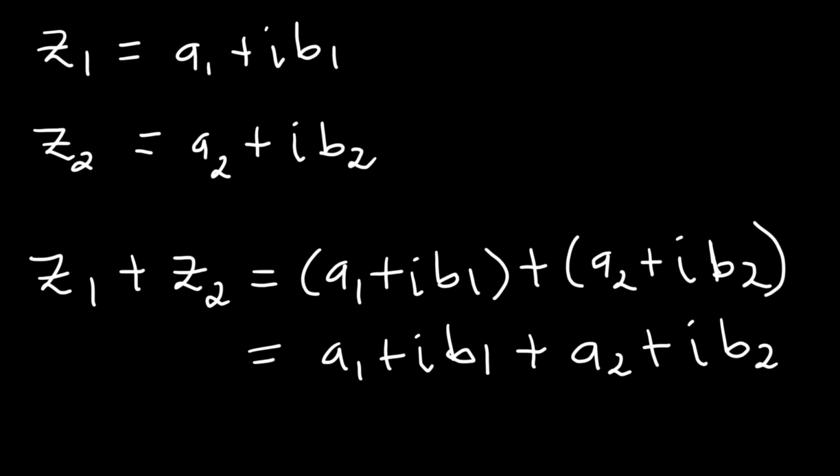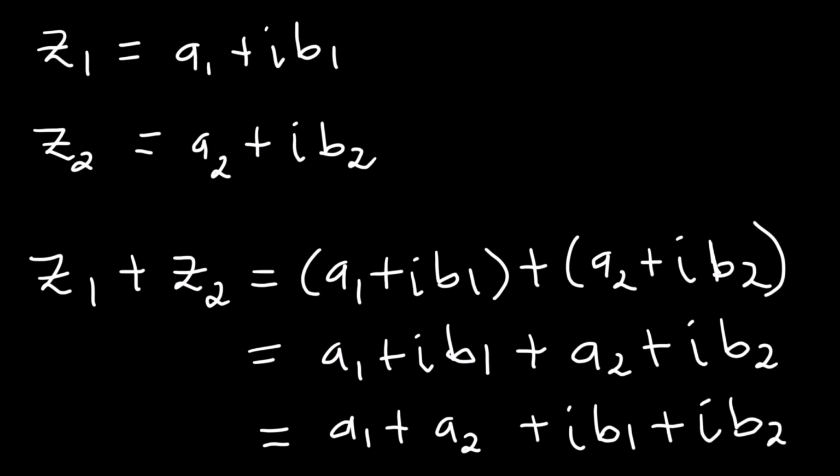And now what we need to do is collect like terms. Therefore, we shall combine the real parts and also combine the imaginary parts. So we shall have a1 plus a2 and then plus i b1 plus i b2.